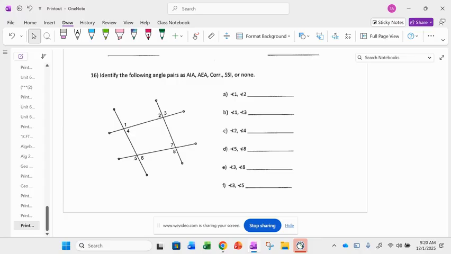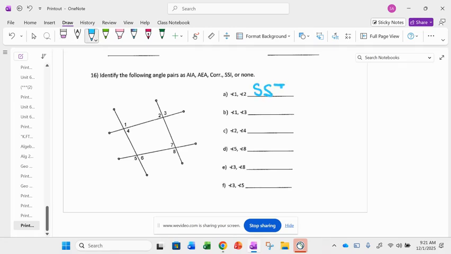They're actually all good. All right, let's just go through this. Jay, what kinds of angles are 1 and 2? You got it.